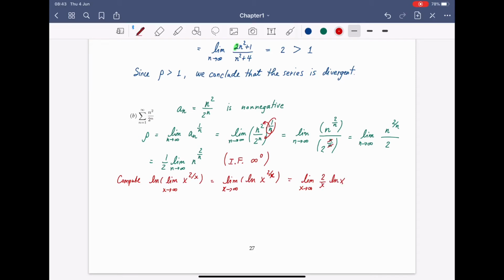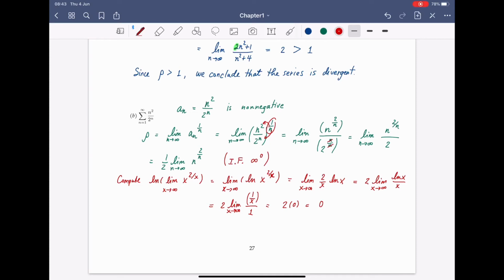Then I can pull the number 2 outside, and I have the limit of log x over x when x goes to infinity. By L'Hopital's rule, we differentiate the top and the bottom. So I have 2 times the limit of 1 over x over 1, which is 2 times 0, because the limit of 1 over x when x goes to infinity is 0.